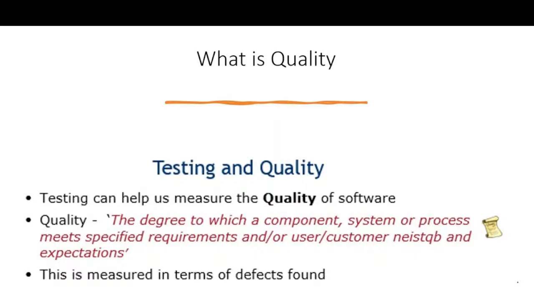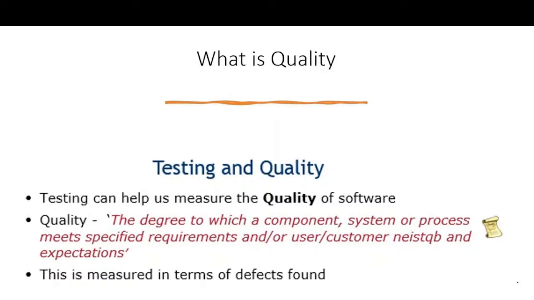That is why we introduce testing, and we do an extensive level of testing in every project, so that the requirements are met. Quality is measured in terms of defects found. When we are testing, we find different numbers of defects. When we go to the vegetable shop, not all the vegetables put up for selling are eligible for cooking.